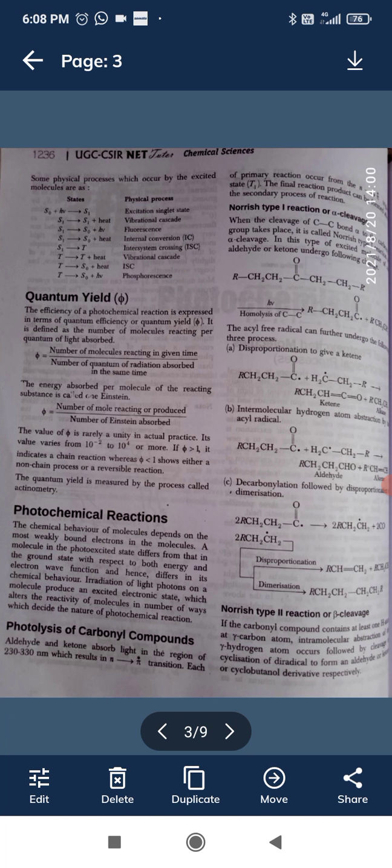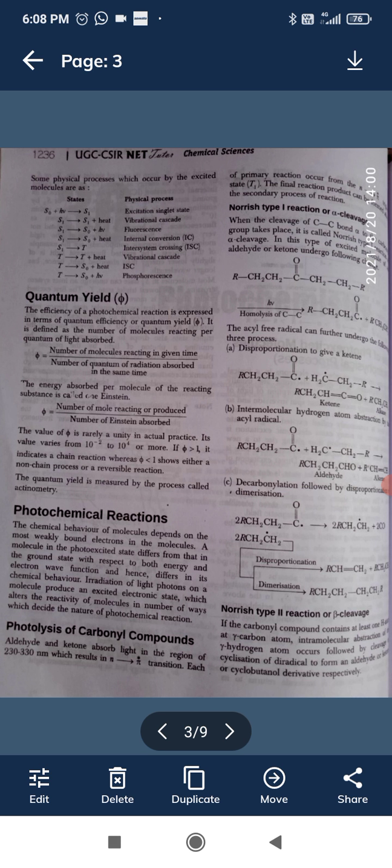So what is quantum yield? Quantum yield is represented by the symbol phi. The efficiency of a photochemical reaction is expressed in terms of quantum efficiency or quantum yield, which is expressed by the symbol phi. It is defined as the number of molecules reacting per quantum of light absorbed.